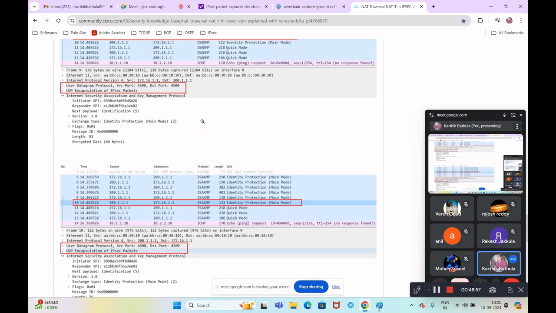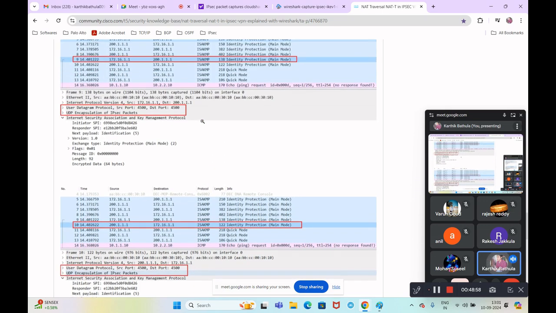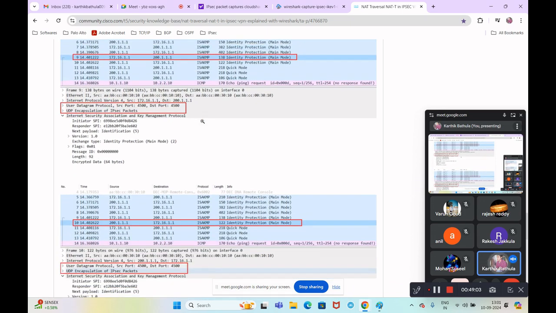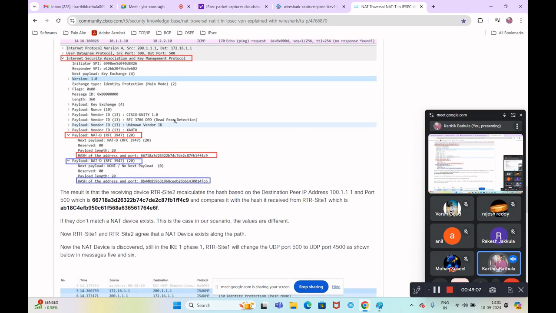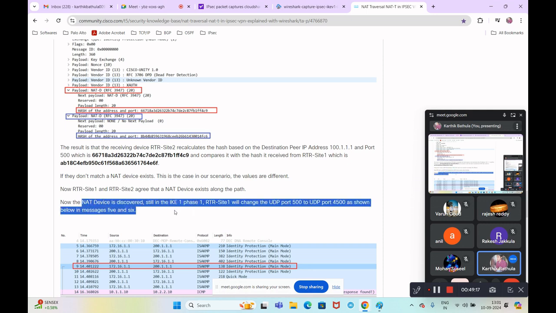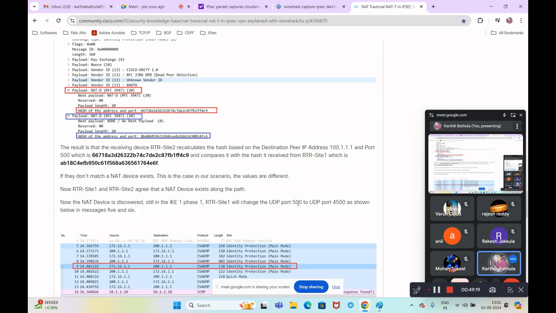Whenever, after discovering the NAT device, it will interfere with the UDP packet, and it will exchange by changing the source port. See here, now the NAT device is discovered, and UDP port 500 changes to UDP port 4500.